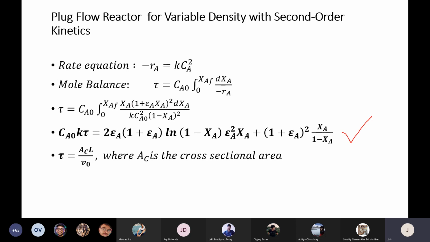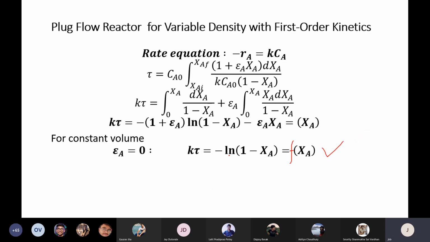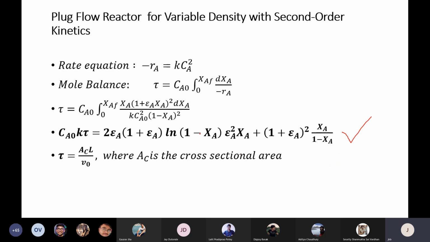After integration, this big, complicated equation is available. Here you can substitute conversion again and evaluate this quantity and plot in terms of tau to find out the slope Ca0 k. So the previous equation, k tau equals 1 plus epsilon a ln 1 minus xa minus epsilon xa, is used for first order kinetics and this is used for second order kinetics.